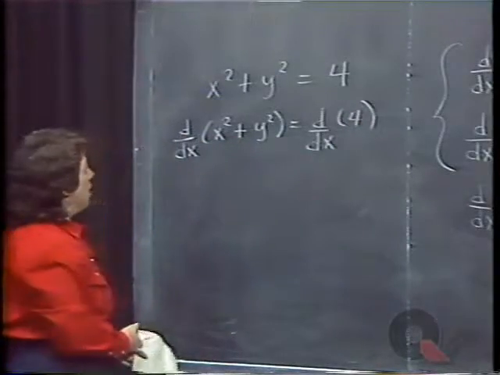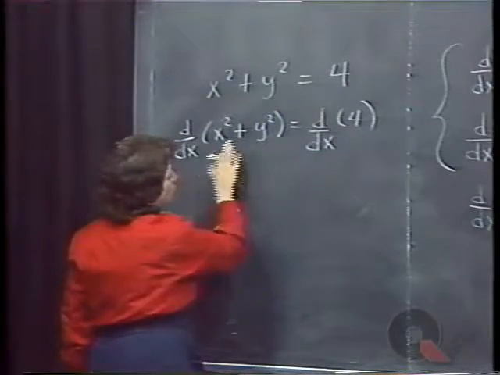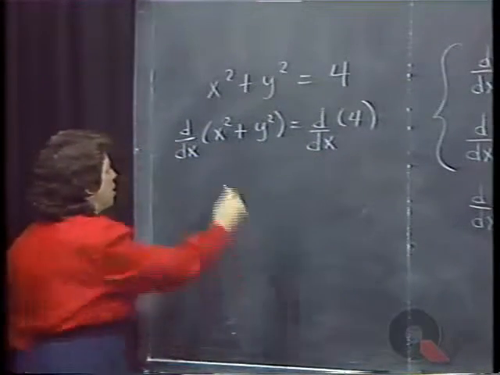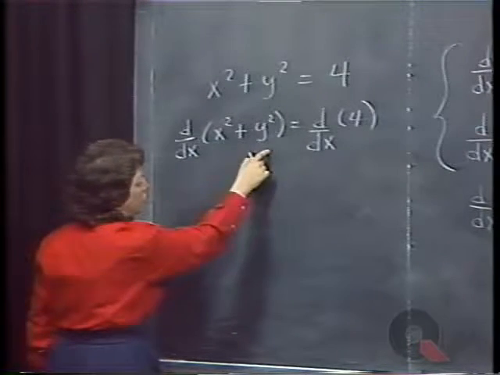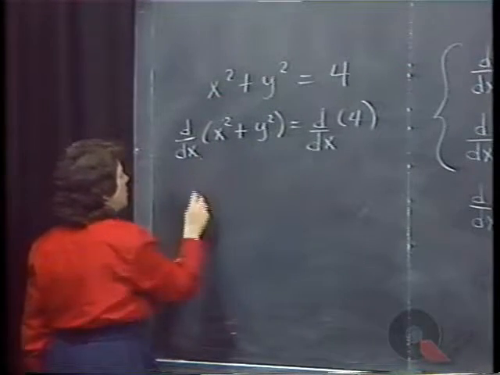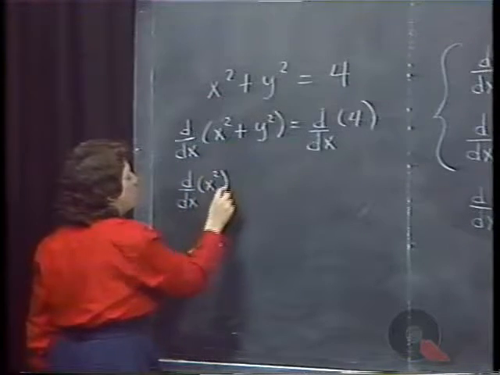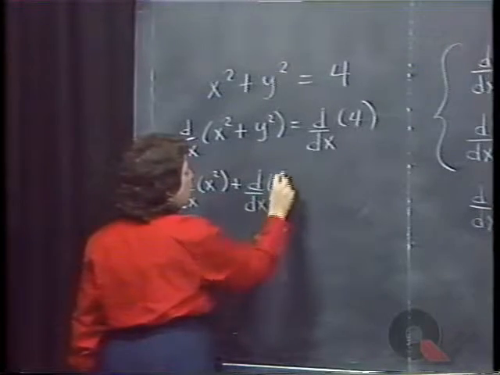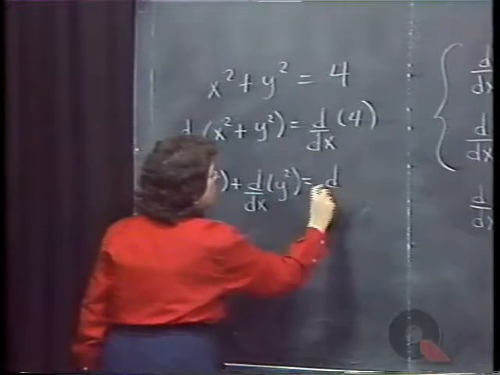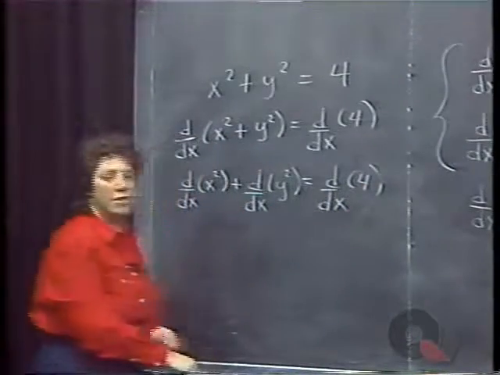Now, we started with this equation, and we took the derivatives of both sides with respect to x. The derivative of a sum of two functions is the sum of the derivatives of the individual functions. So we will write this as the derivative of x squared with respect to x plus the derivative of y squared with respect to x equals the derivative of 4 with respect to x.